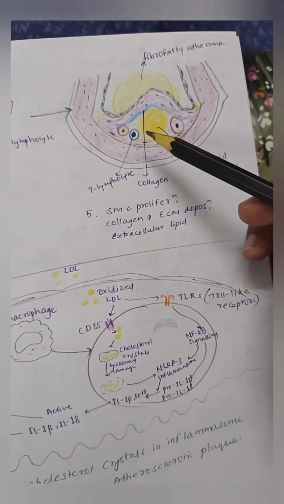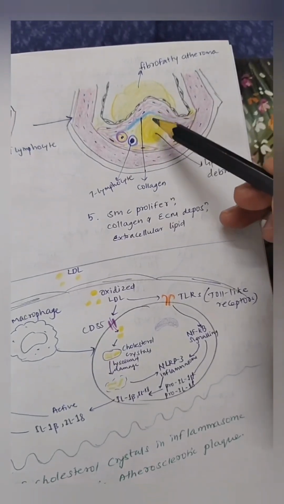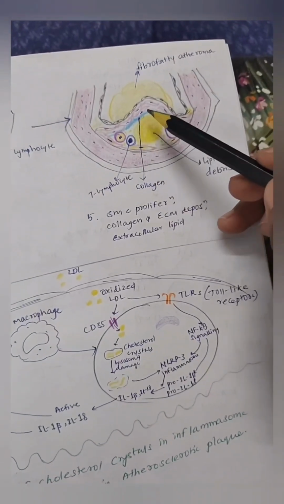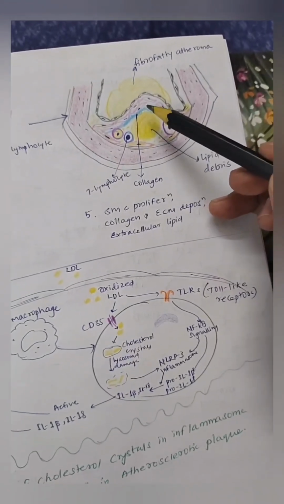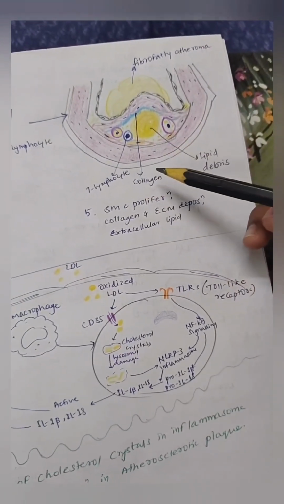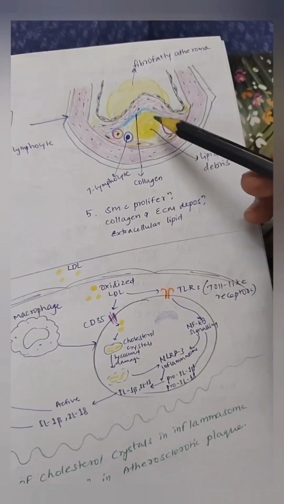So at last smooth muscle cells will form a fibrous cap outer to the necrotic center. So they will form the extracellular matrix which will consist of collagen, elastin, proteoglycans, which will stabilize this atheromatous plaque.